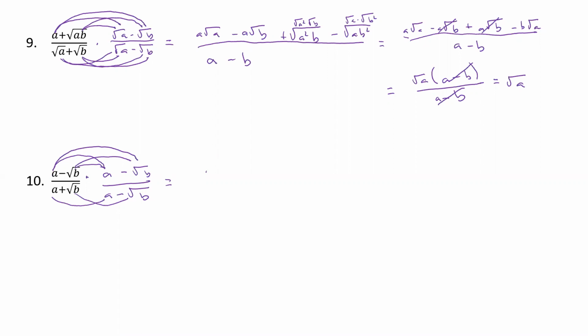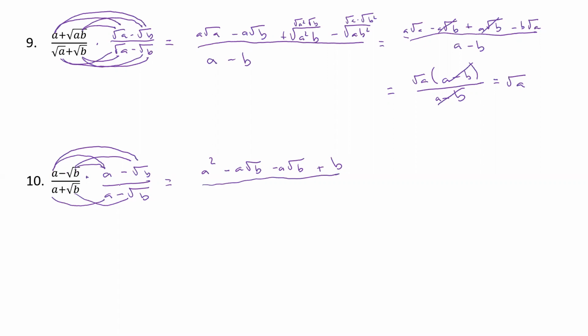So a times a, well, that's a squared. A times the negative square root of b is going to be minus a square root of b. Then here I have a times the minus square root of b. And here I have a minus times a minus, that's going to be plus, and the square root of b times the square root of b is b. And then that's all over.